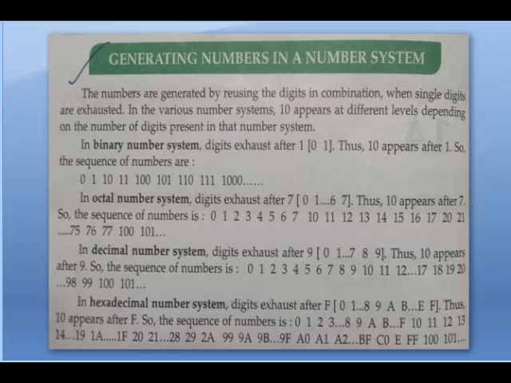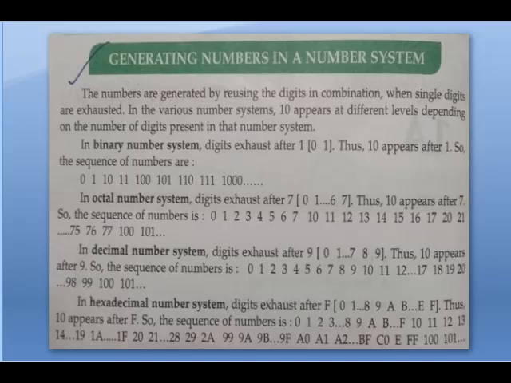0 to 7, then 10, 11, 12, 13, 14, 15, 16, 17; 18 and 19 we have to skip. Then 20, 21 till 27; 28 and 29 we have to skip, and the next number is 30. Like this it will go. When we reach the number 77, the next number would be 78, but we cannot use it because 8 is there.